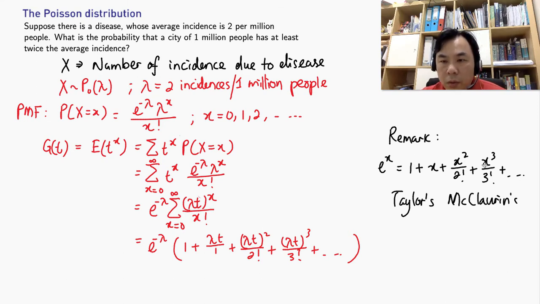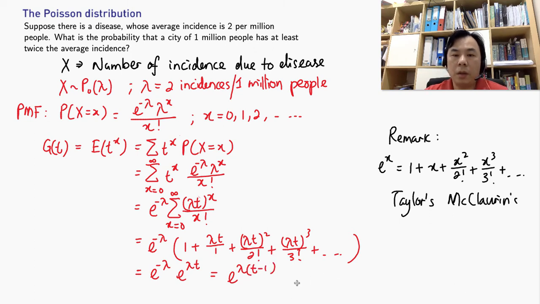And then if you compare this summation series with this, they look quite similar. The only difference is this is x, this is lambda t. Therefore, from here, I can simplify this summation series as e to the lambda t, and by simplifying this, I will be able to get e to the lambda times (t minus 1).